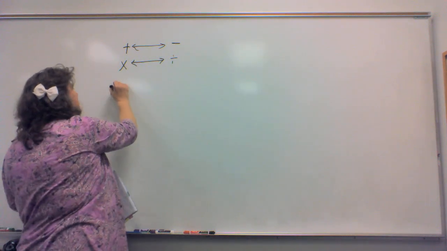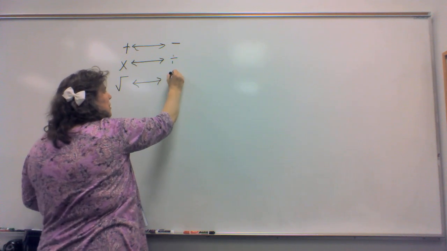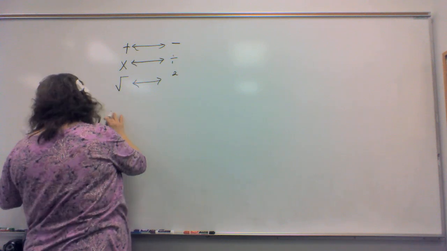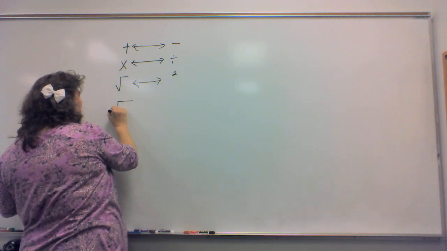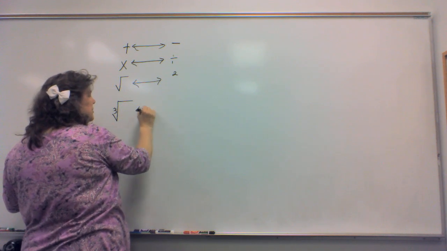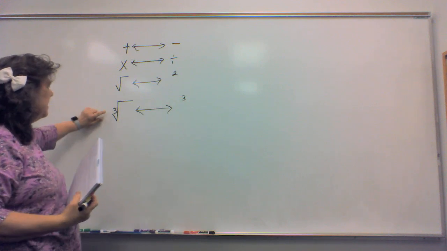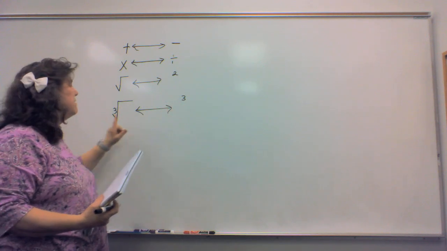If we have a square root, you're going to undo that square root with an exponent of 2. If you have a cubed root, you're going to undo that cubed root with an exponent of 3. In other words, whatever your index is, that is the exponent that undoes it.